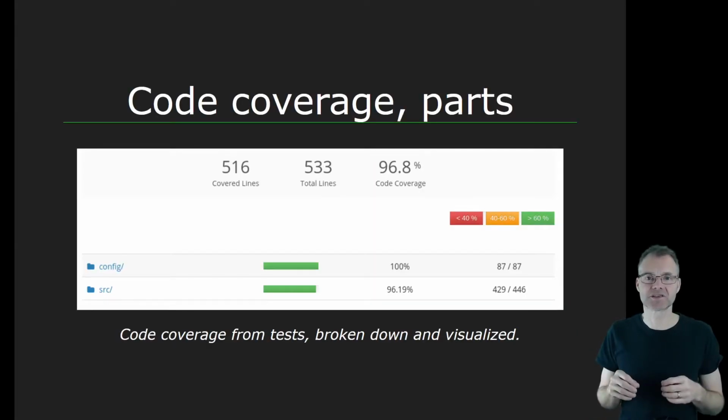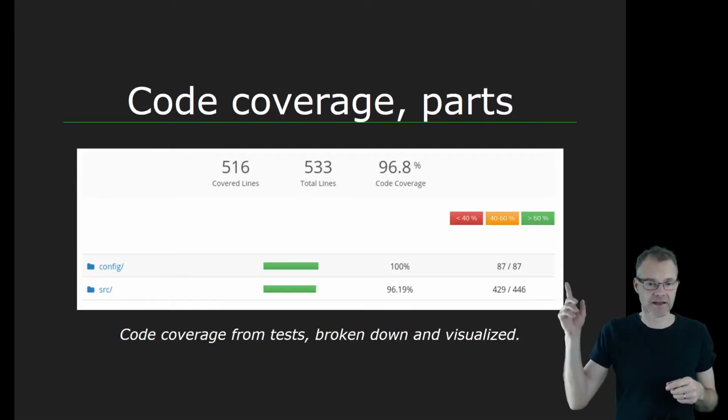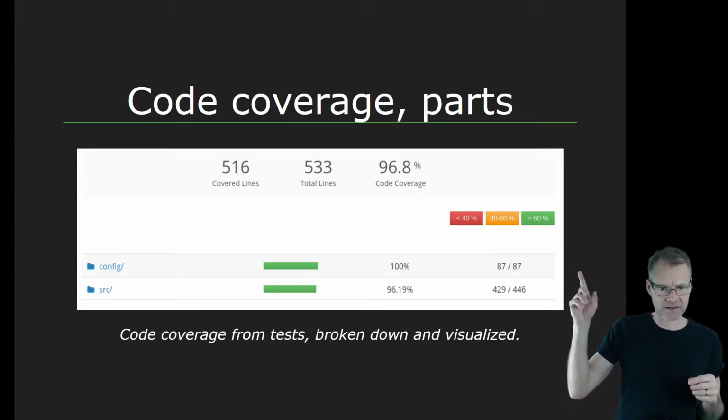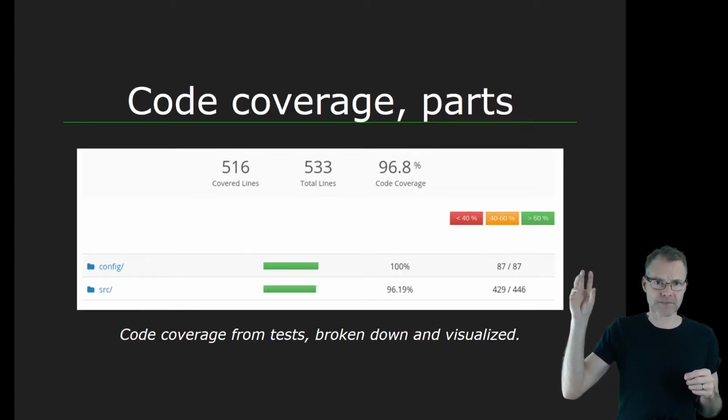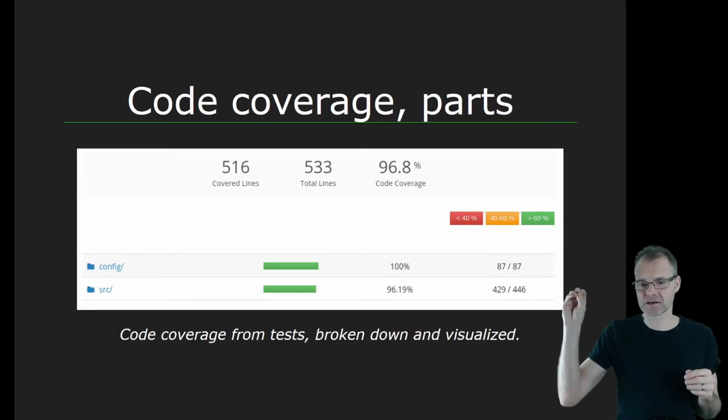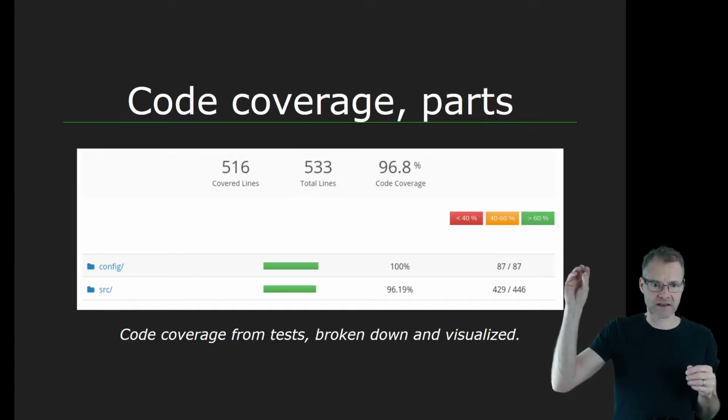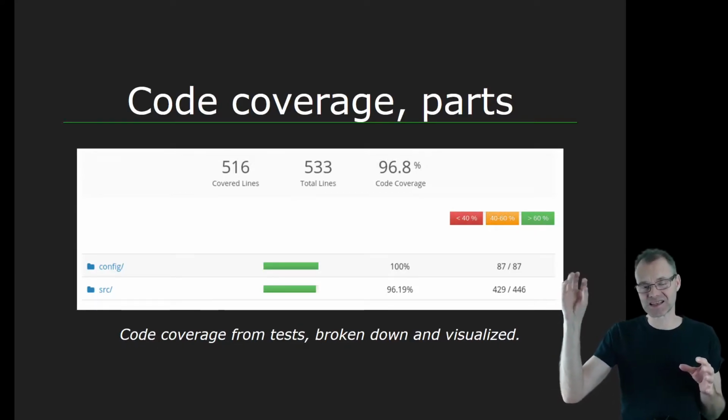These tools give us a better view of what is tested. Here is a good view, I find, because sometimes there are several parts of an application. It's not only the source code that one could do unit tests on. We can also see here that there is a configuration directory with code in it that is also covered by unit tests, and that is a good thing.